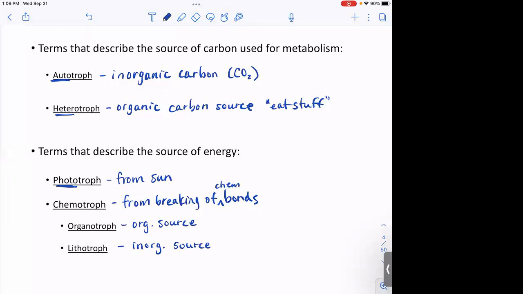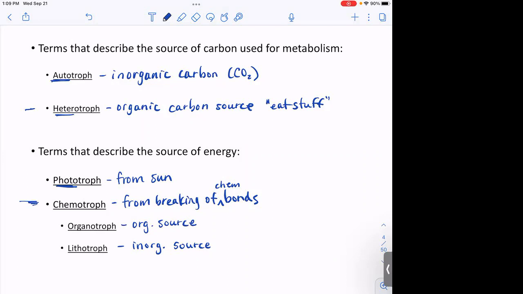The confusing part, I think, is when we mush these terms together for carbon acquisition and energy acquisition. We talked already about how fungi are chemoheterotrophs. They get their energy from the breaking of bonds and their carbon from absorbing nutrients, usually.